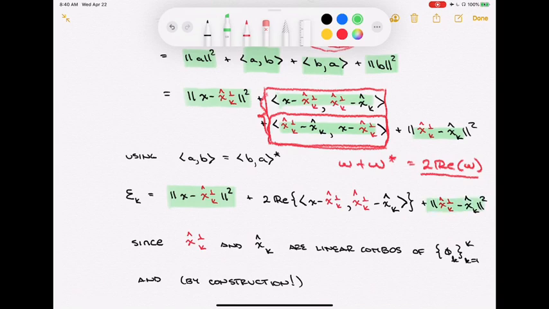And then those two middle inner products, the cross ones, the A with B and the B with A, I can write, because one is just the conjugate of the other, as twice the real part of the first one, which was the inner product of x minus x hat perp k with x hat perp k minus x hat k, something along those lines. All I'm doing here is playing some mathematical games on this overall error for an arbitrary estimate.